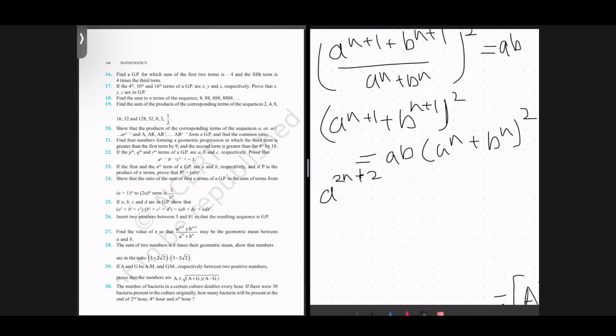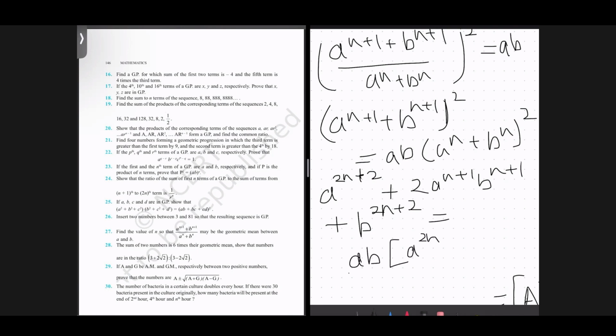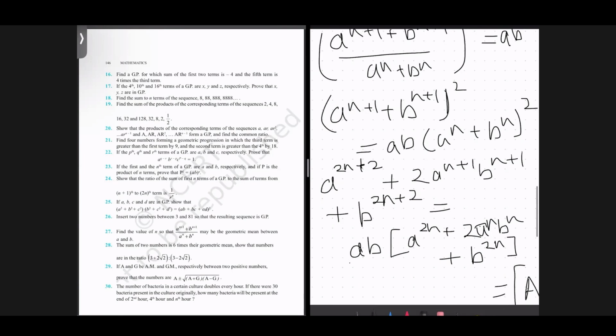I have done nothing but multiplied n plus 1 into 2, plus 2 times a raised to the power n plus 1 b raised to the power n plus 1, plus b raised to the power 2n plus 2 equal to ab. Inside the bracket becomes a raised to the power 2n plus 2 a raised to the power n b raised to the power n plus b raised to the power 2n. Correct. This is what it becomes.